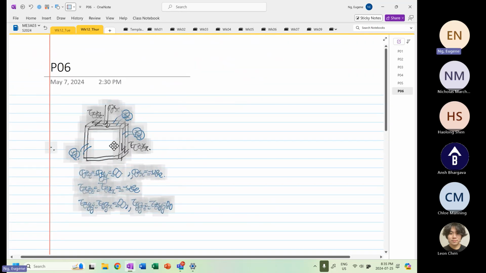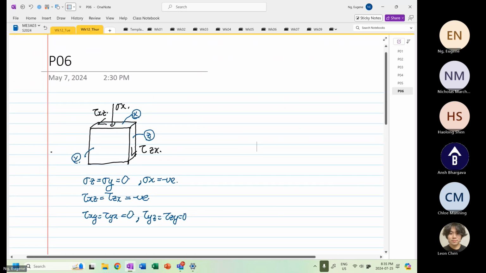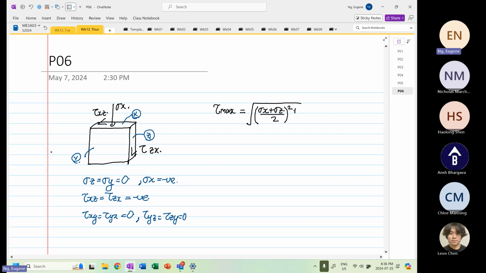Right, so we know that tau max is equal to the square root of stress x plus stress z divided by 2, squared, plus shear xz squared.